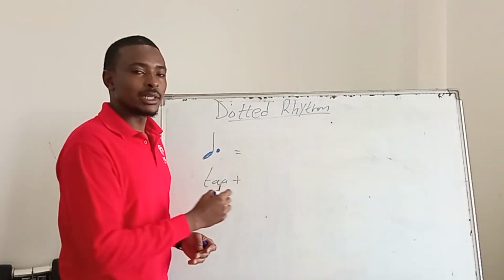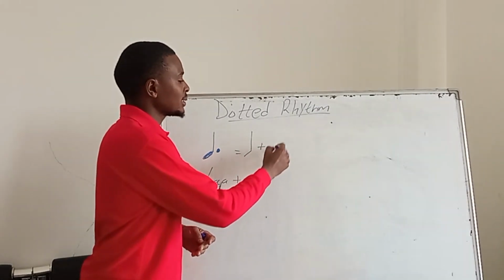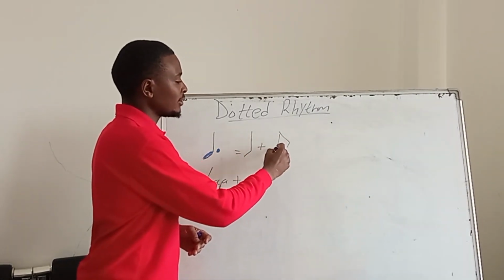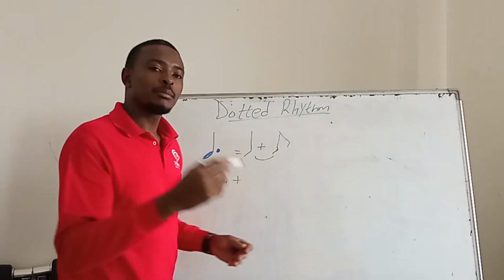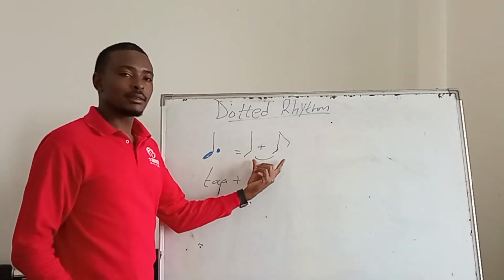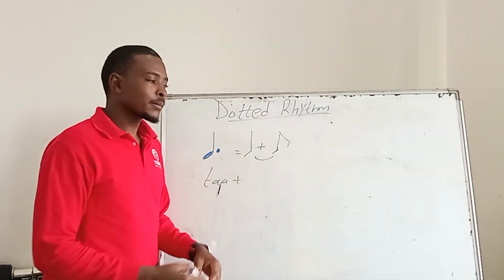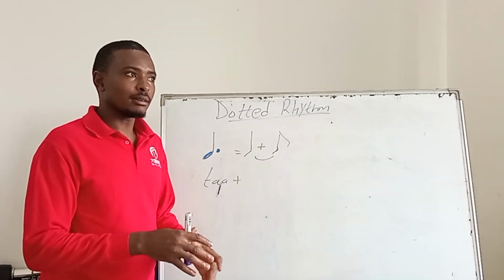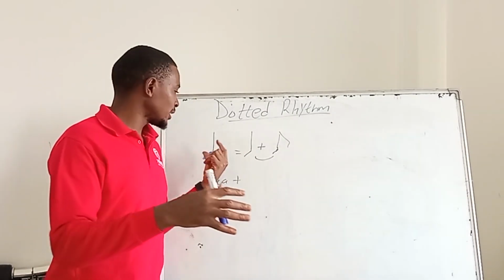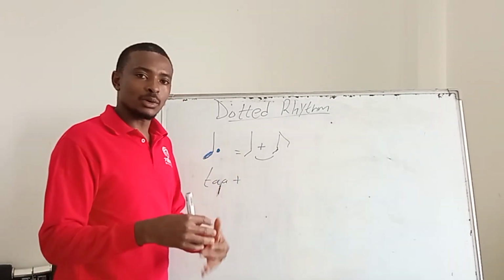So, this will be equal to a crochet plus a quaver, all played together. And the value of this dotted crochet is equivalent to a crochet plus a quaver, whereby the value of this note here increases by half of its own value.